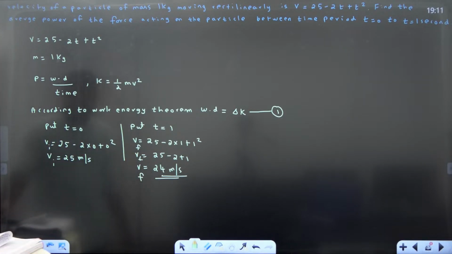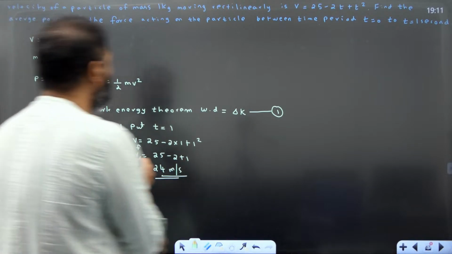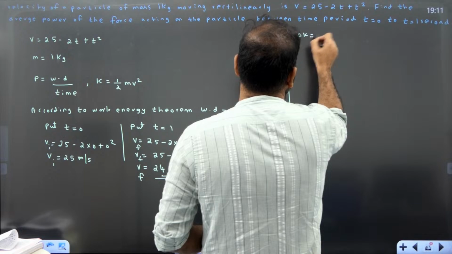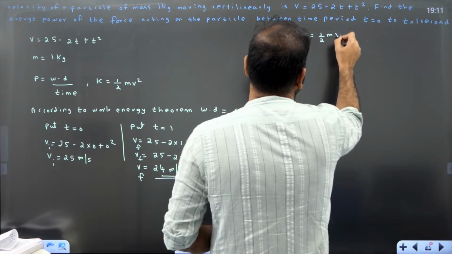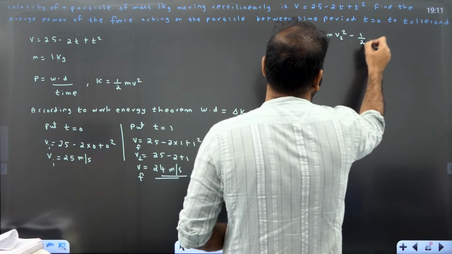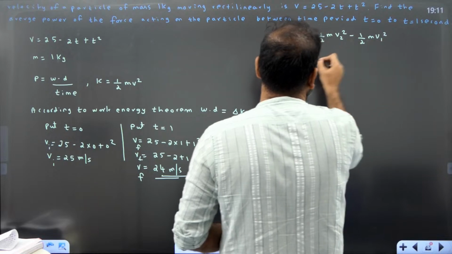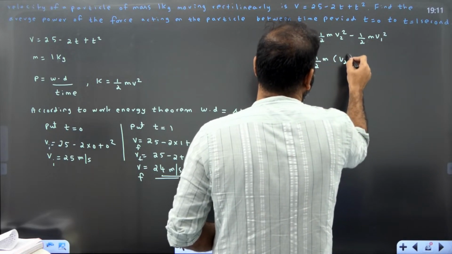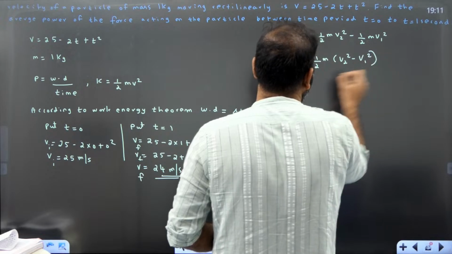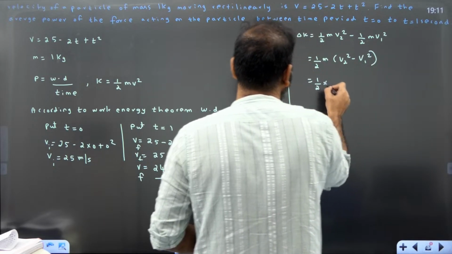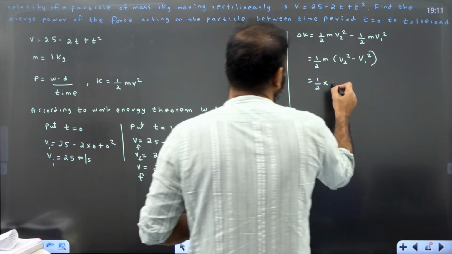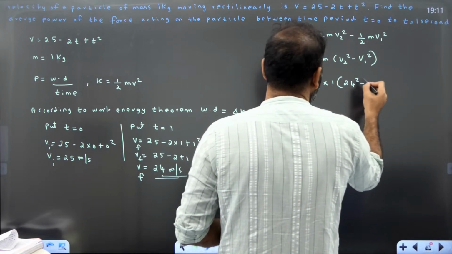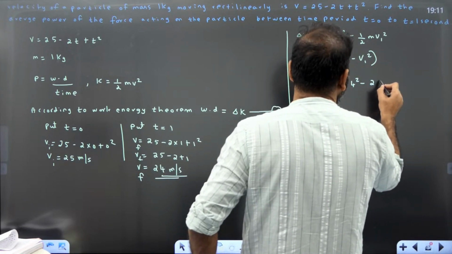Now, what is the change in kinetic energy? Delta K is equal to half m v2 square minus half m v1 square. So, half m into v2 square minus v1 square. Half into the mass, 1, into v2, 24 square, minus v1, 25 square.